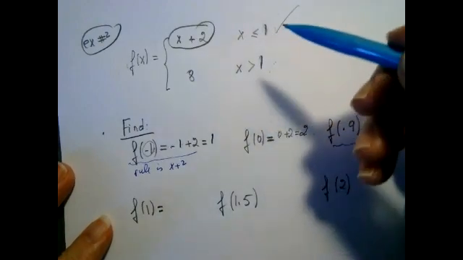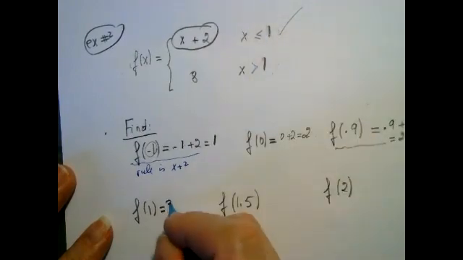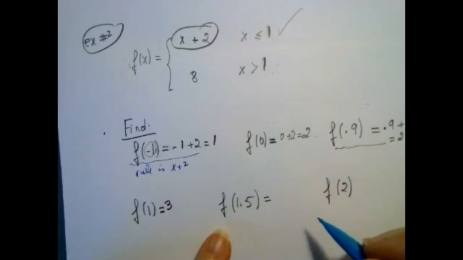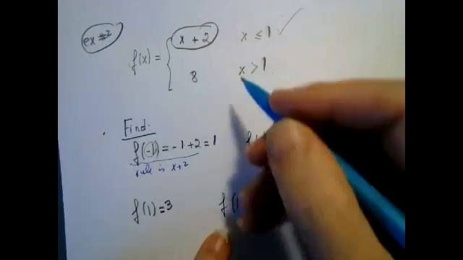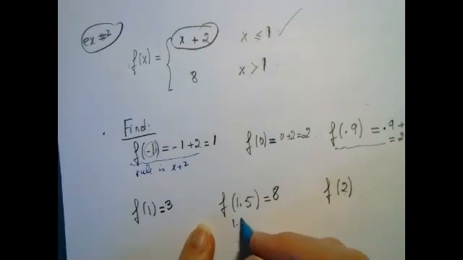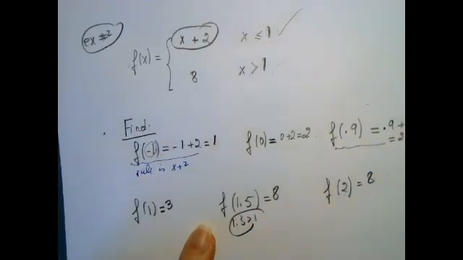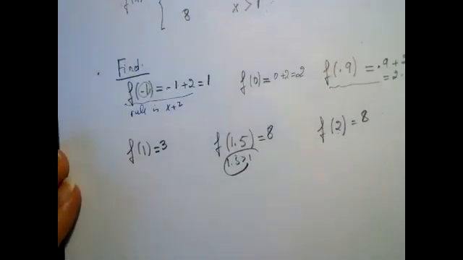F of 1 is 3 because 1 satisfies this condition. F of 1.5, very quickly. 1.5, it's 8 because it satisfies bigger than 1. So that's the rule, and this is equal to 8. And so that's how we're going to read those functions. Question number 2 is sketch the graph. All right, sketch the graph.